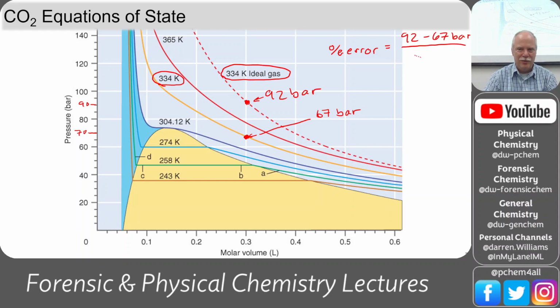So the more accurate one is 67. So we have 92 minus 67 divided by 67. So we're 37% high. Pretty bad error.